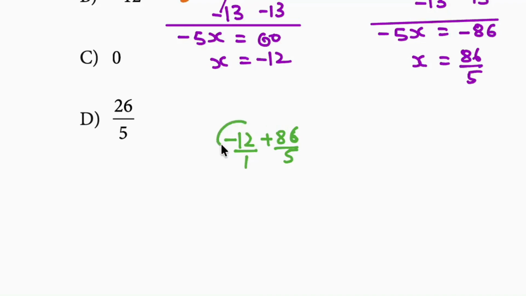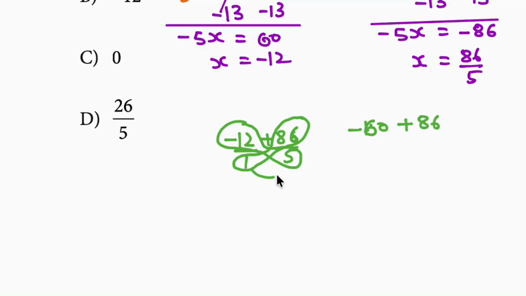Now multiply the numerator of the first fraction and the denominator of the second. So 12 times 5 is 60. And then take the second pair: the numerator of the second and the denominator of the first, multiply them.